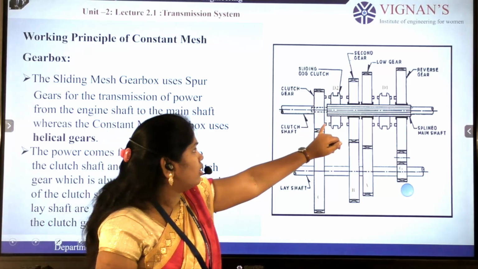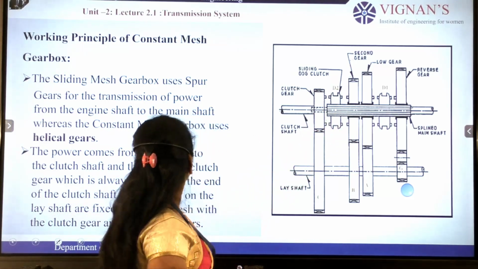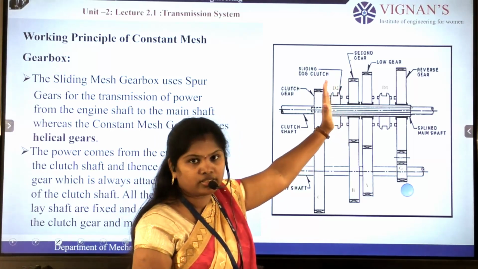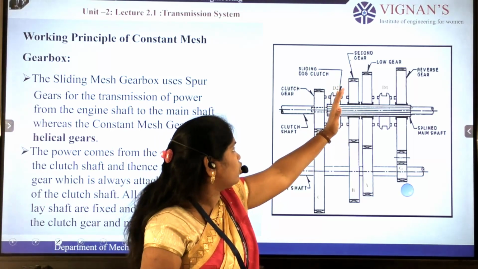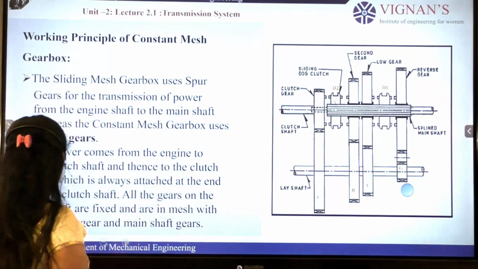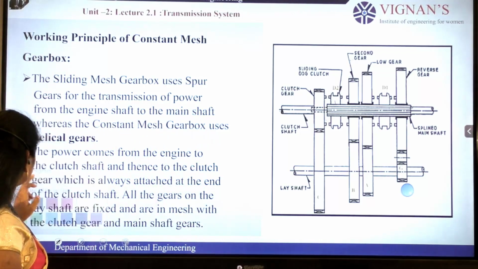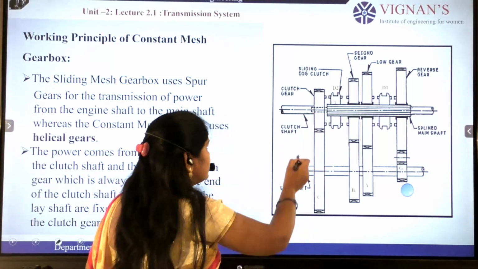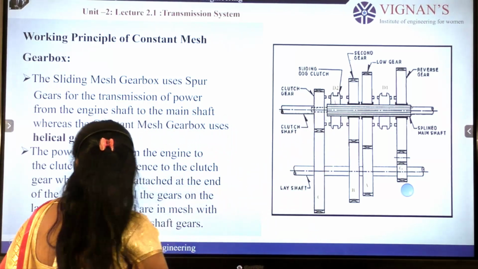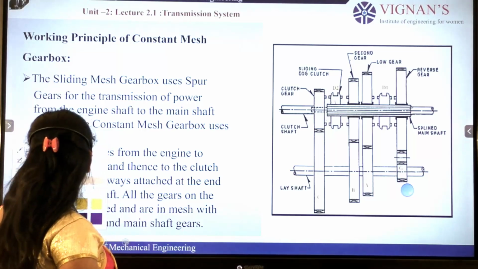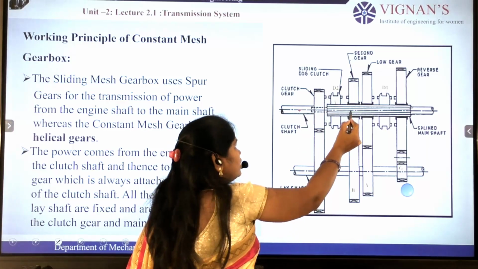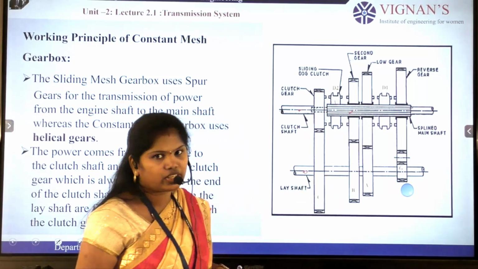So the construction of the constant mesh gearbox is like this, with the dog clutch. Here this is the clutch shaft, this is the main shaft, and this is the lay shaft.